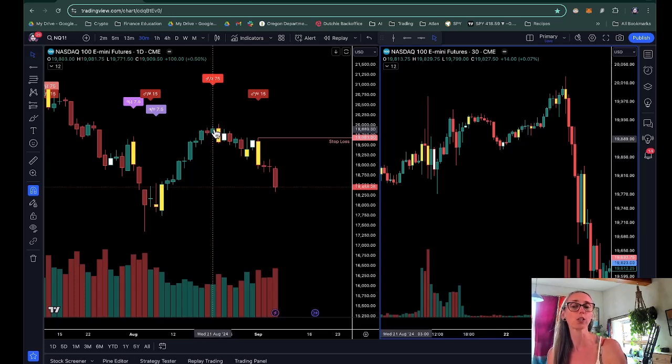So I'm always looking for the rejection or the price action reversal on either the 30-minute or the hourly chart. If you get faked out a couple of times on the 30-minute chart, maybe you move up to the hourly chart, because that might give you a clearer signal. On this one, if you had entered on the 21st, you would have gotten stopped out.